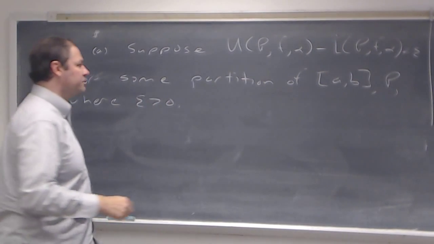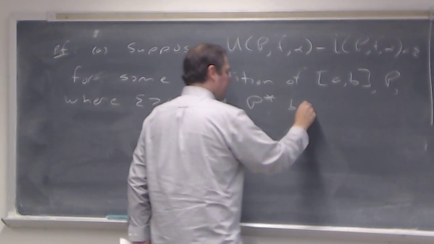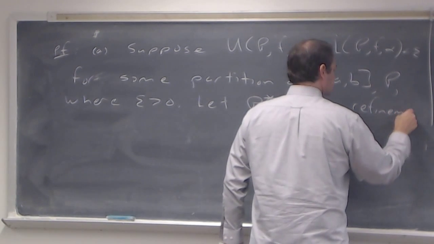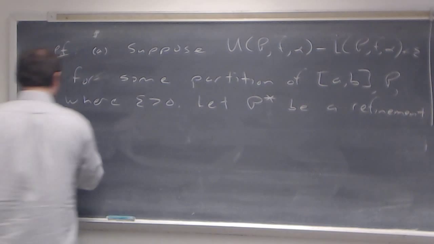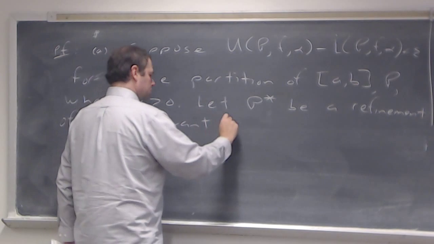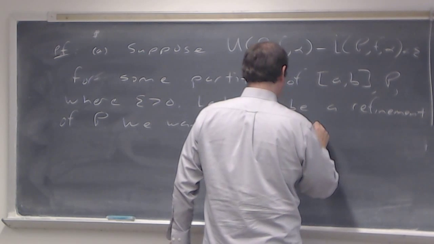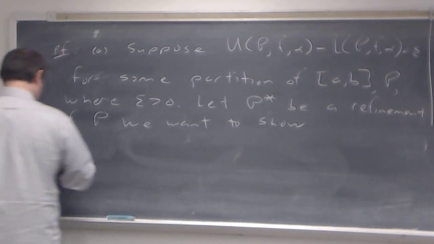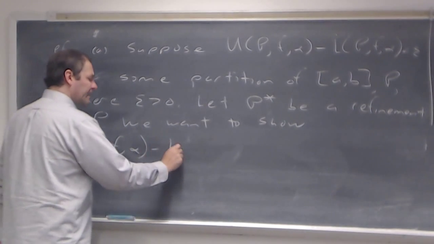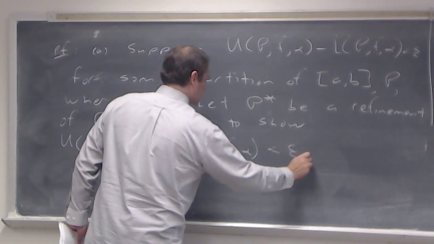We're going to let P star be a refinement of P. We want to show that the upper sum with this refinement of f and alpha minus the lower sum with this refinement of f and alpha is less than epsilon.